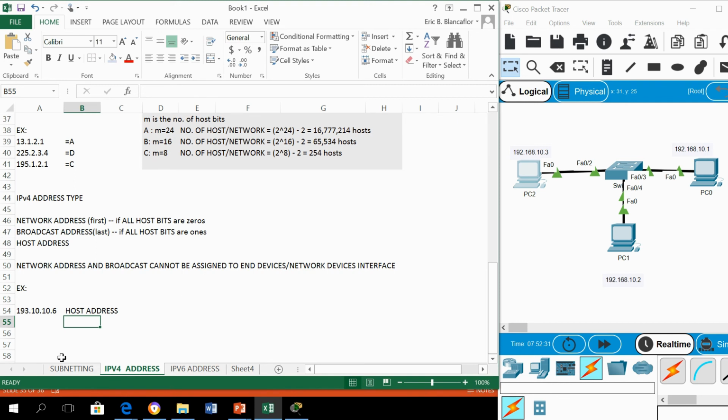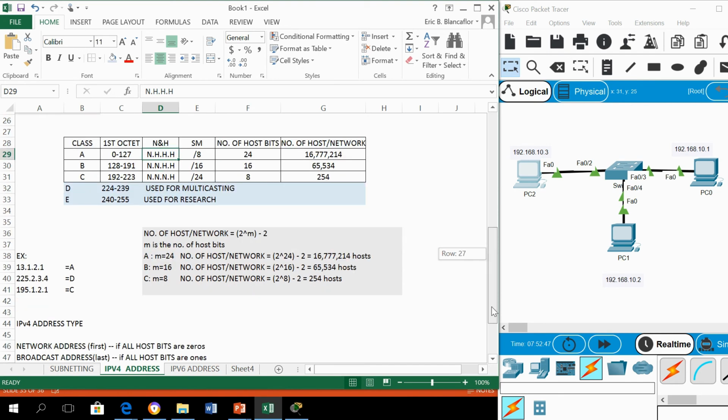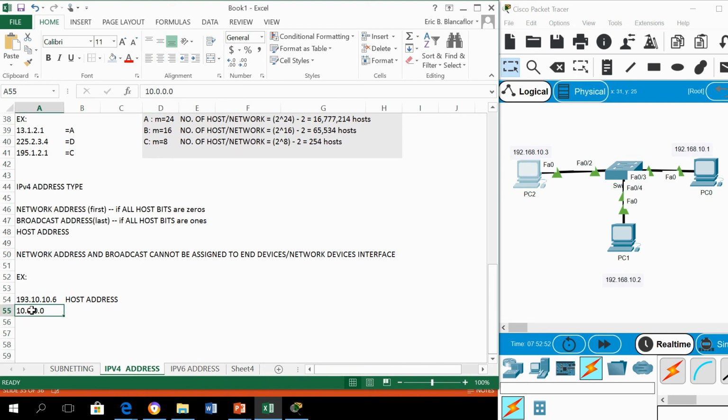Okay? Let's have another example. Say I have 10.0.0.0. What class is this? Look at the class. 10 is under A, and A is network, host, host, host.